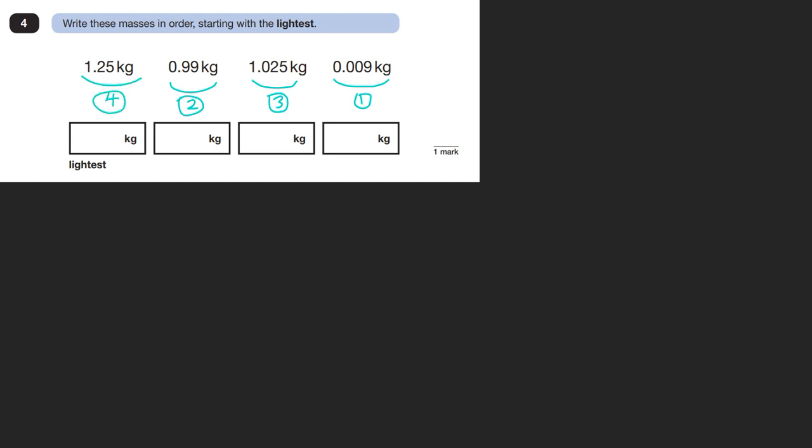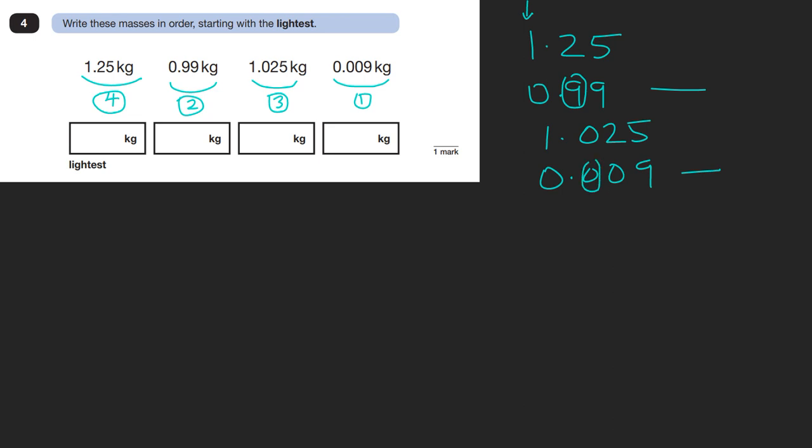The way to do this question is to write them in a column: 1.25, 0.99, 1.025, and 0.009. If you look at the first number, 1 and 1 are bigger than 0 and 0. So the lightest one has to be this or this. Then go to the next number. 9 is heavier than 0. So he is the first and then second.